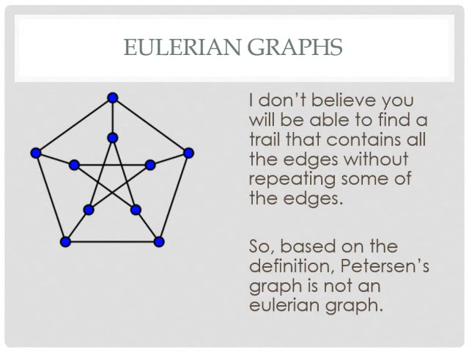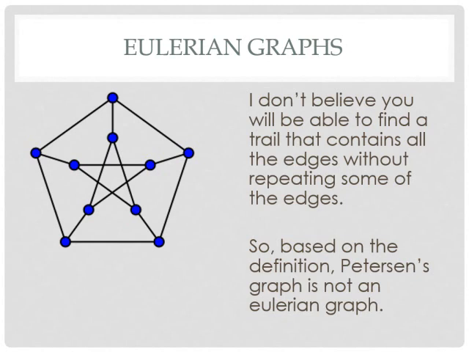Because if you look at a vertex of degree 3, which is all of them, suppose you think of one as coming into that vertex and one as going out on your tour. That leaves the third one. Is it coming in or going out?